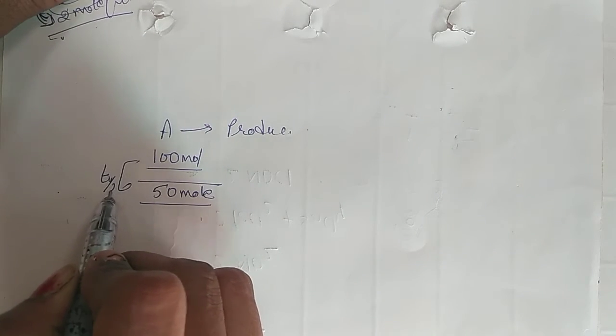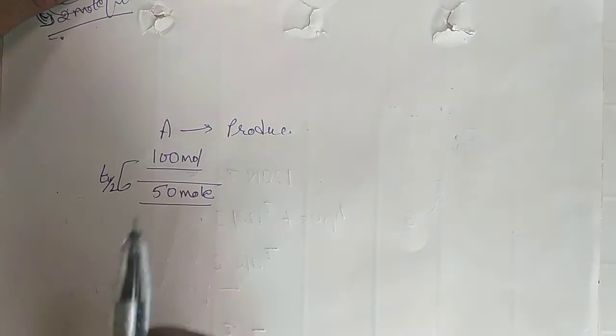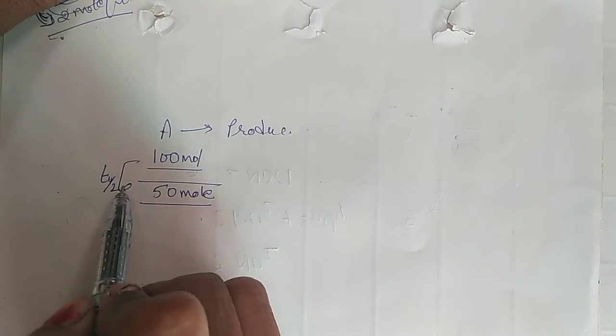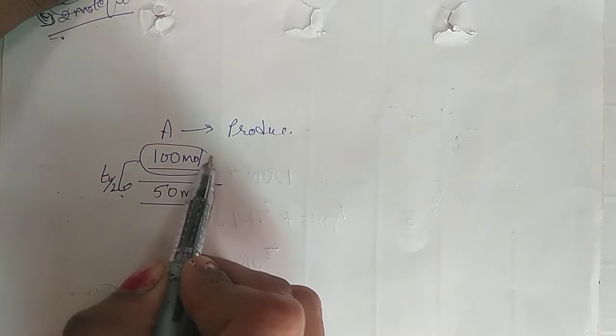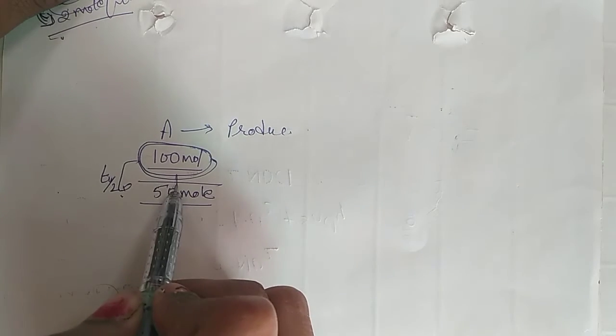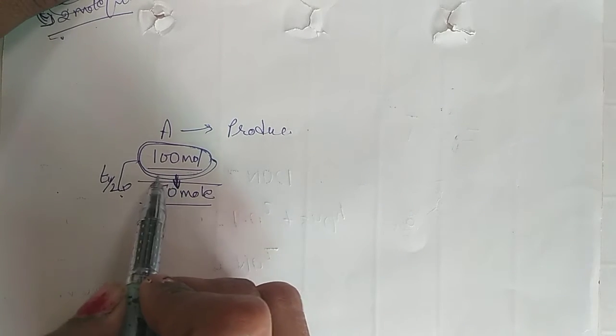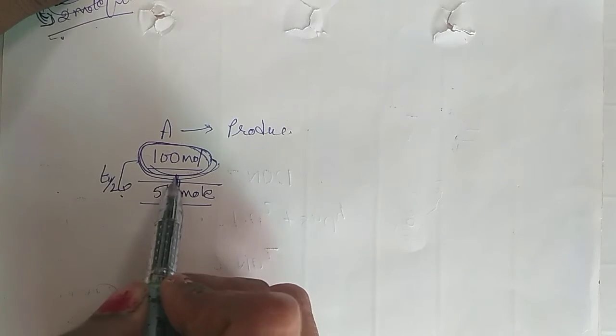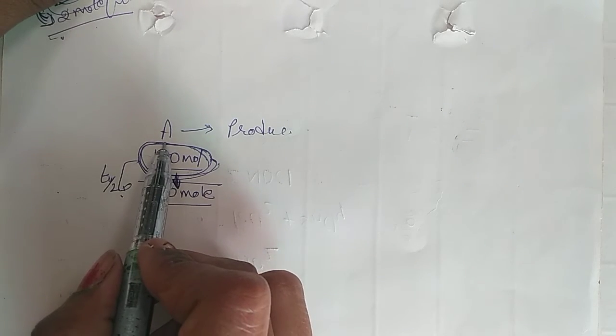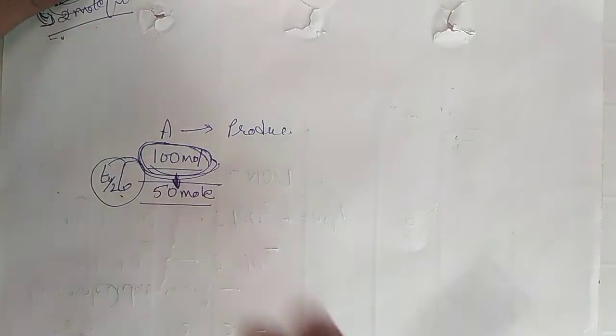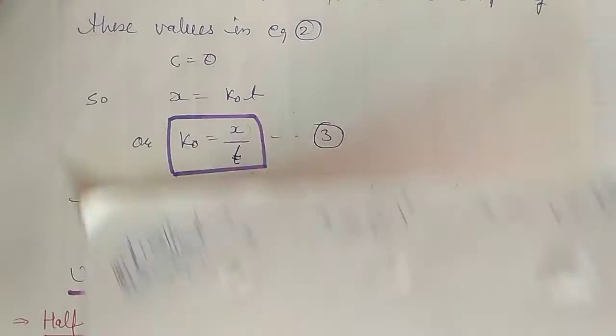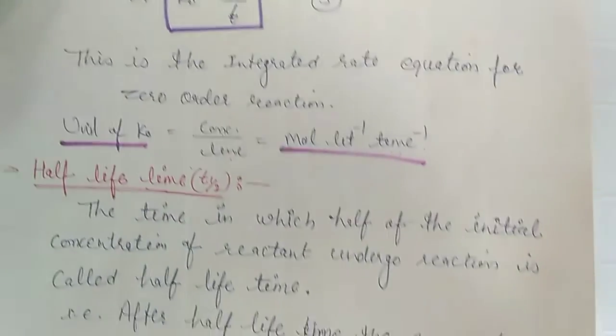This time is known as t half or half life time, meaning the time in which the initial concentration of reactant becomes half, or we can say the concentration remains half of its initial value. Okay, then this is known as t half, or half life time. So what is half life time?